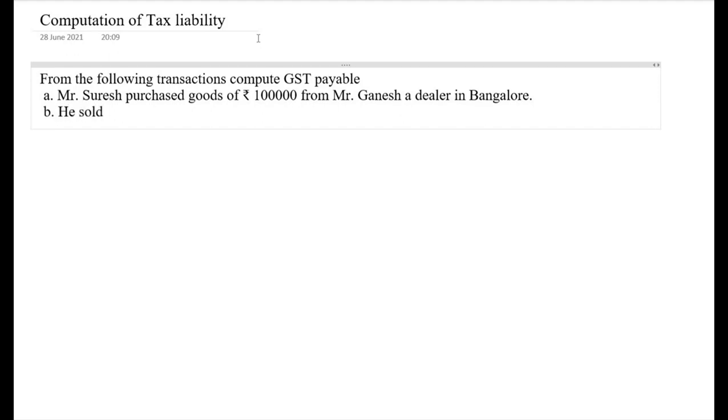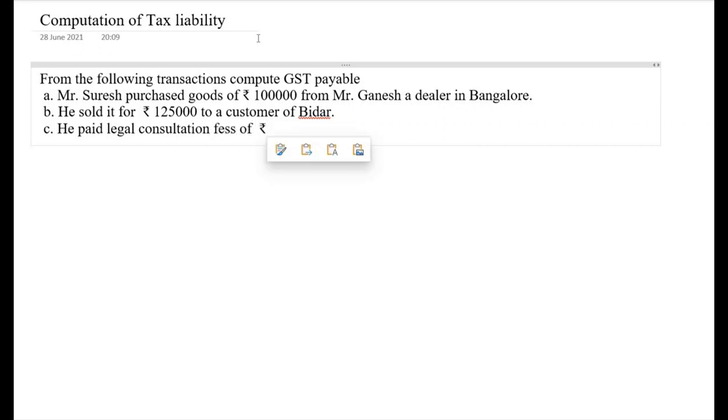He sold it for ₹1,25,000 to a customer of Bidar. He paid legal consultation fees of ₹15,000 to his consultant.